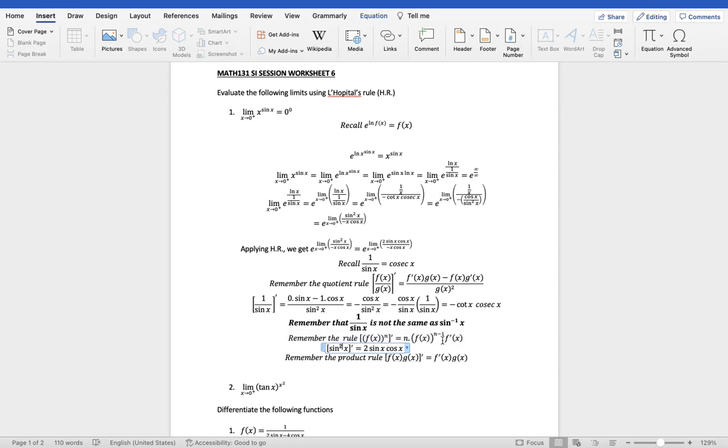So I think it's more important to remember the rule itself. If you remember the general rule, then you can apply it to any function: sine squared of x, sine cubed of x, sine to the 4, sine to the 10. I don't know if it makes sense. Okay, it makes sense. Thank you.